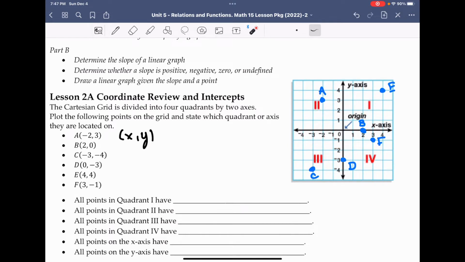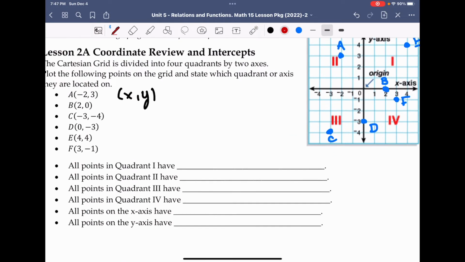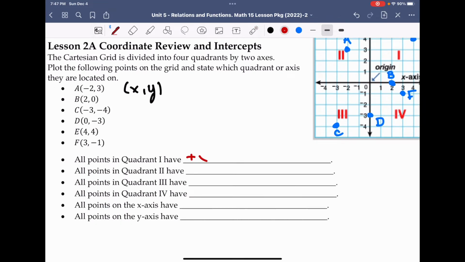Now let's determine what quadrants have what type of x and y's. In quadrant 1, we see that it's positive in the x and positive in the y. So that's what we're going to place here, positive x, positive y. In quadrant 2, or this quadrant here to the left, we have negative x values and positive y values.